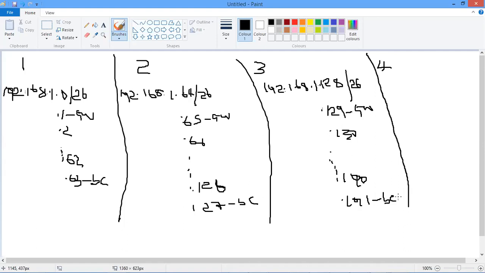So the last one, which is network 4, will start counting from 192.168.1.192. Is it 190 or 180? 190.